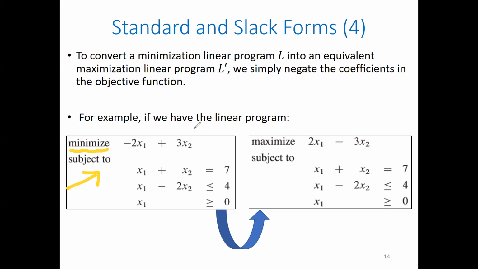So if we have this objective function, I make it maximize, and I multiply the whole thing by -1. So -1 times -2x1 will be 2x1 minus 3x2. As simple as that. Everyone understand? Here I'm only showing you how to correct the objective function and write it in the standard form. Now we look at the constraints further.